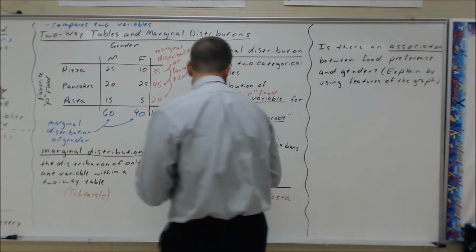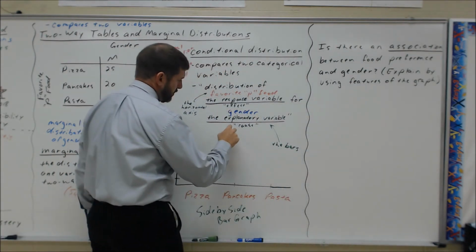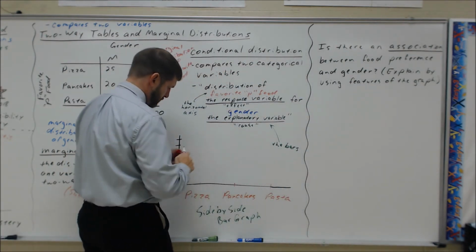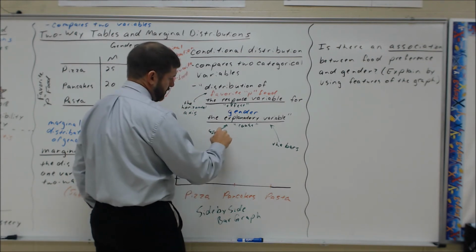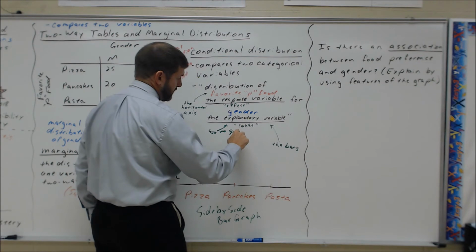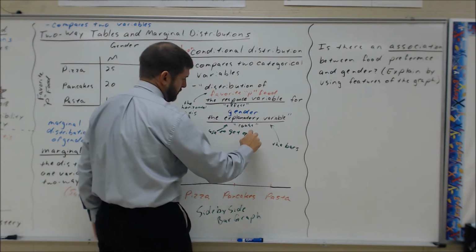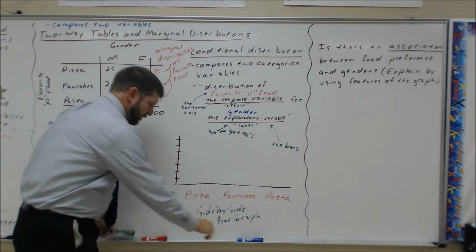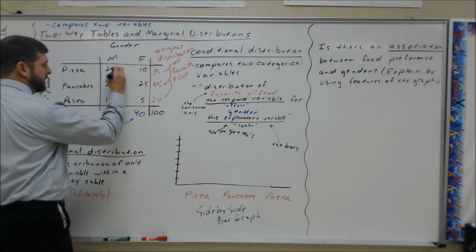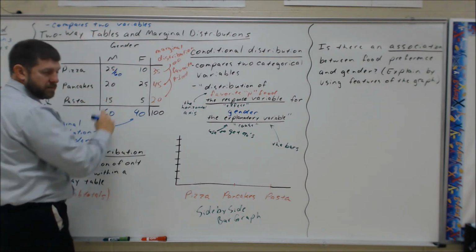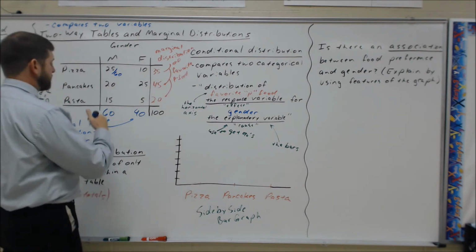So we're going to use this explanatory variable to get the percents. We said gender was explanatory, so I'm going to say 25 out of 60 males. What percent of males prefer pizza?